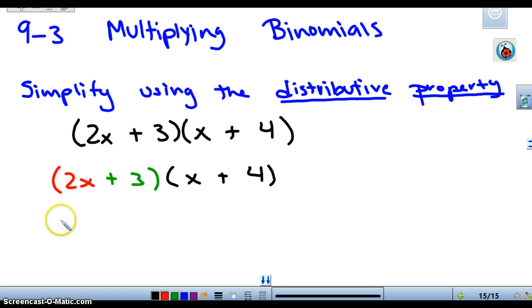First, we're going to distribute 2x to x plus 4. Then we're going to distribute 3 to x plus 4.